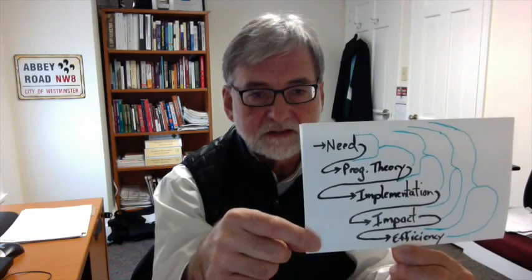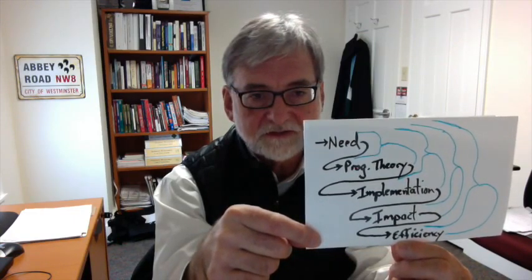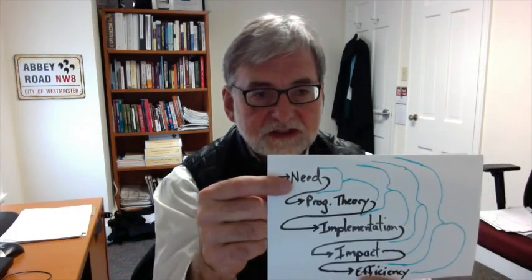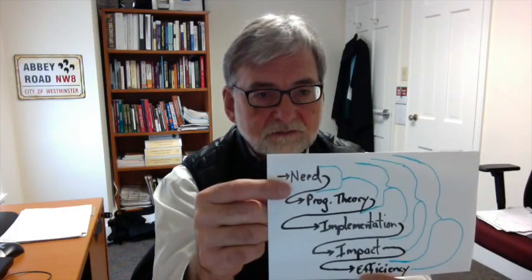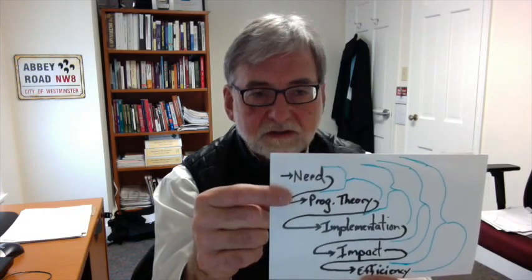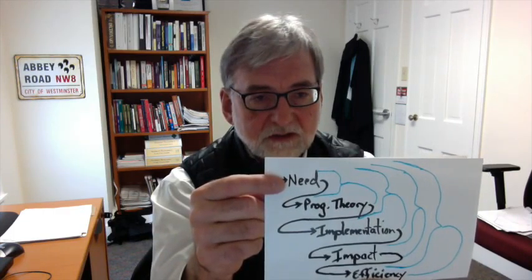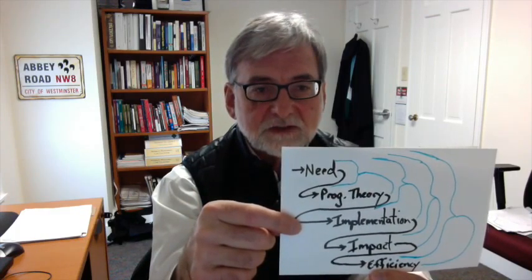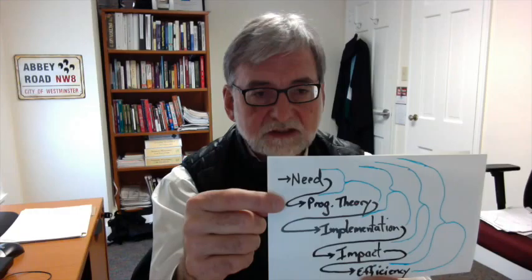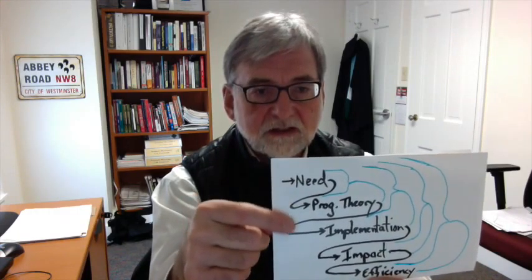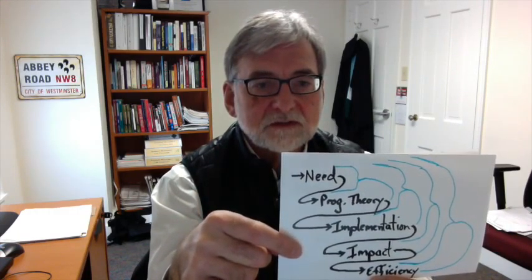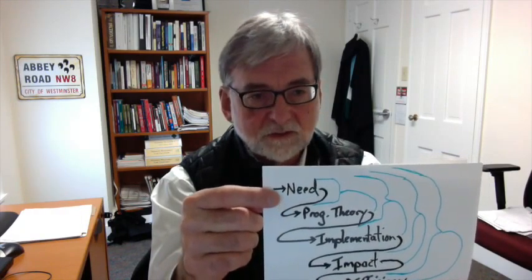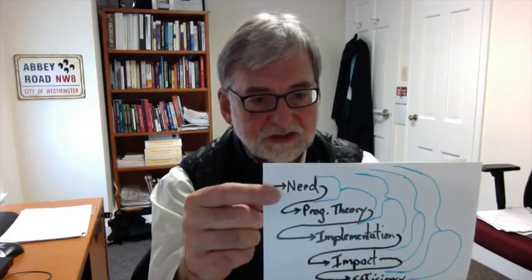And finally, I guess later in the course we'll talk about efficiency a little bit. But the point here is that the program theory builds on your understanding of the need. Your implementation evaluation follows your understanding of the program theory and the need, and the impact builds upon your implementation of the theory that you hope addresses the need.